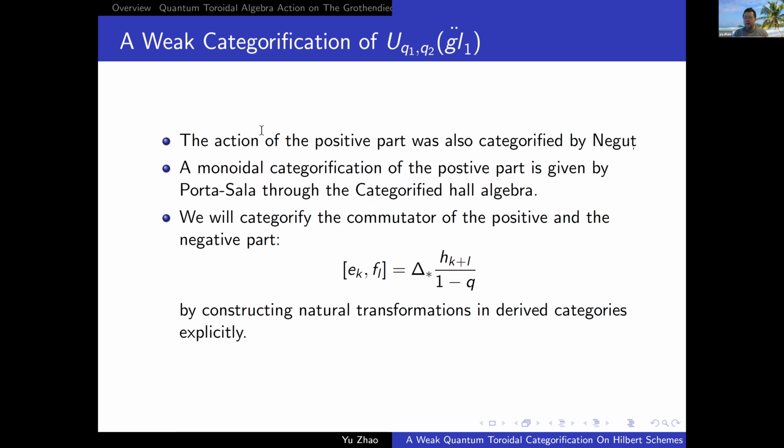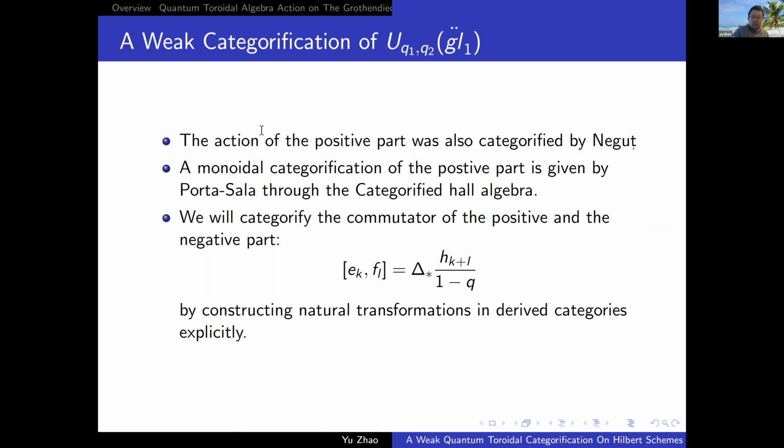And today, for our categorification, we consider the commutator of the positive part and the negative part, and we want to write these commutators through explicit natural transformations in the derived categories of Hilbert schemes of points. So this is our purpose for this talk.